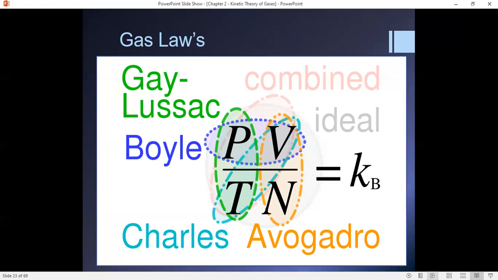We have Avogadro's law, which states that the volume divided by the number of molecules is constant. And of course, we have the combined law, PV over T is equal to a constant. So all of these laws, which were demonstrated long before the kinetic theory of gases, are consistent with the ideal gas law.